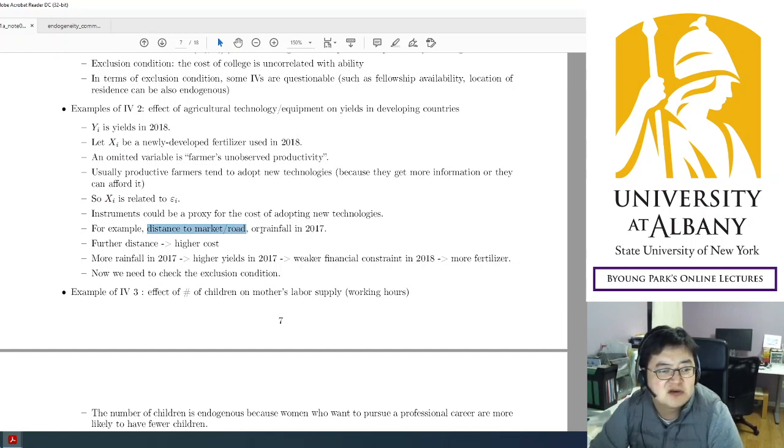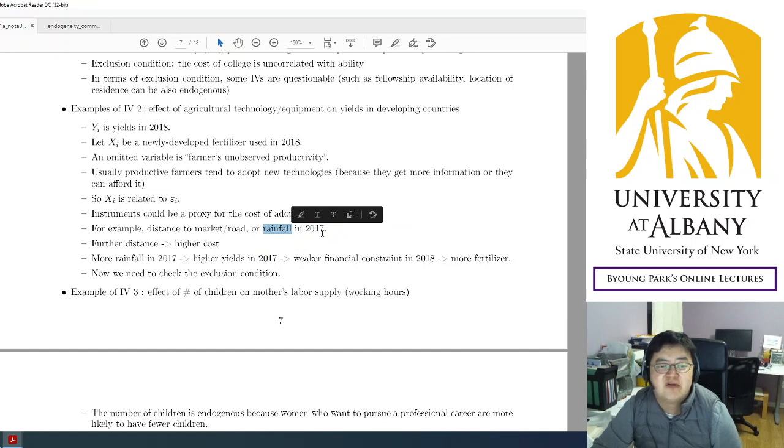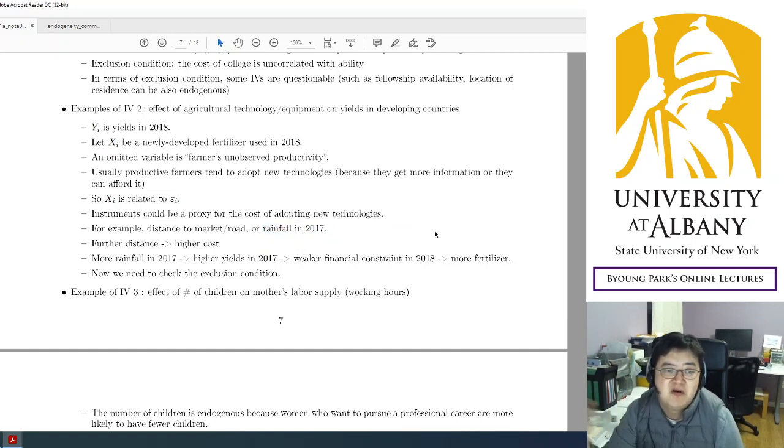Also, I considered rainfall in the previous year, because more rainfall means a better harvest. So if you had a better harvest from the previous year, then you can afford more fertilizer in the following year.